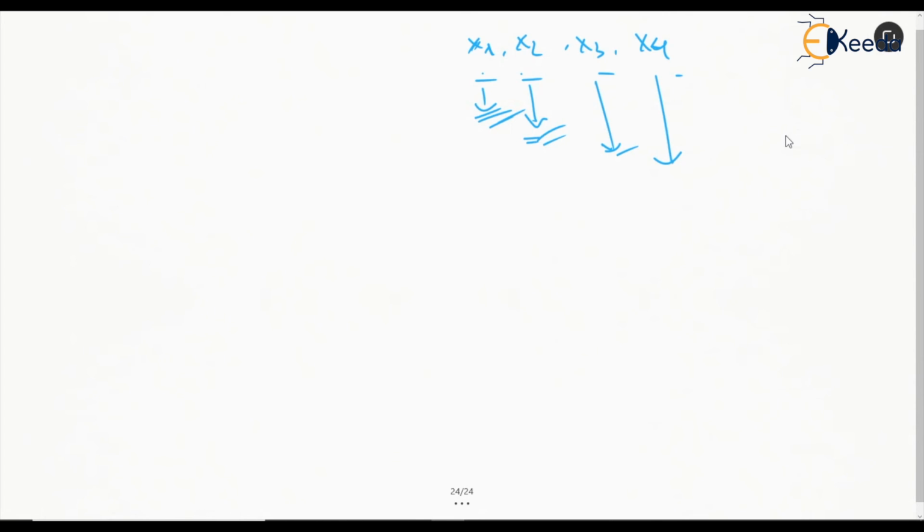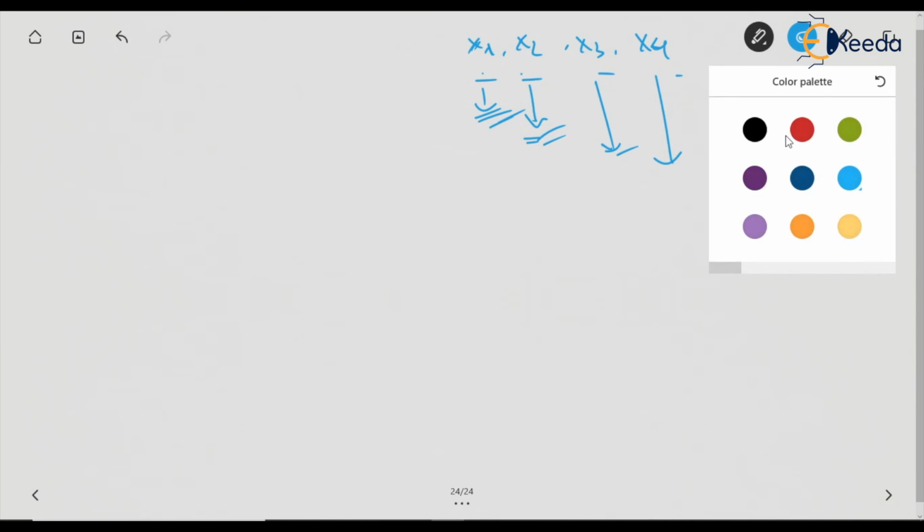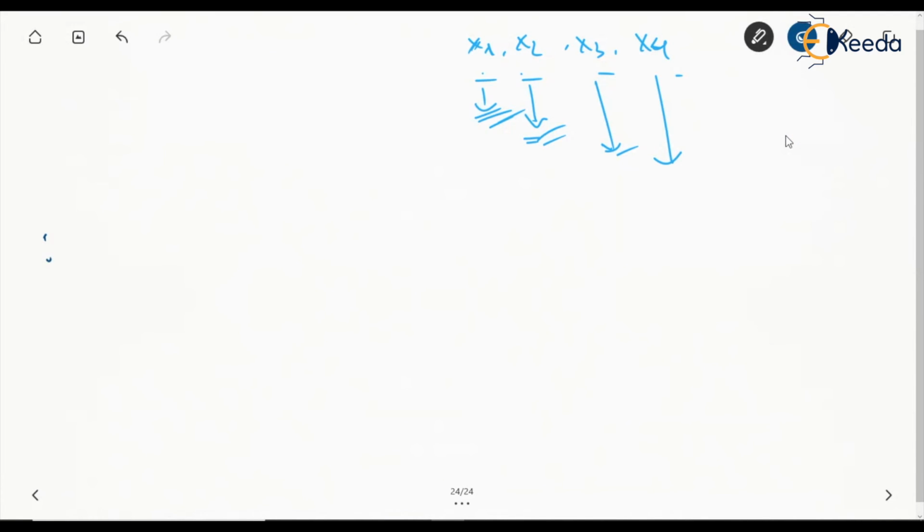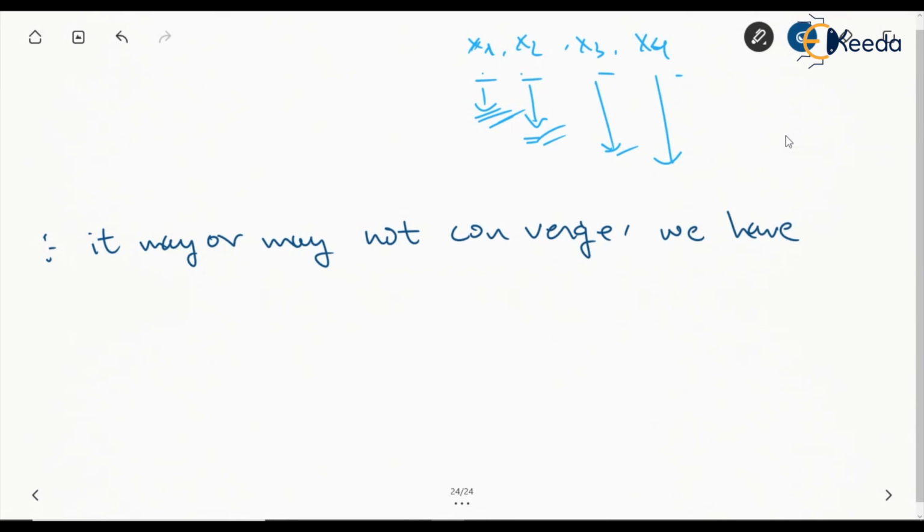Now this method may or may not always converge. So we have to try to make the system diagonally dominant.